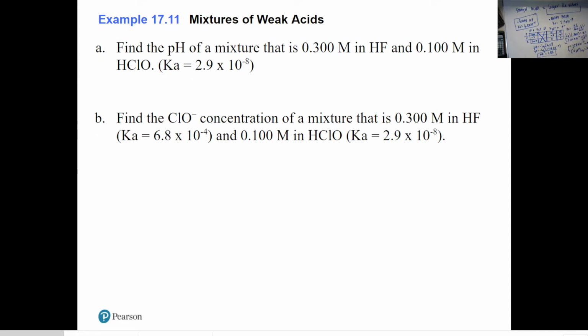Now we're going to see how the addition of this other acid affects what's happening with the weaker acid of the two. We want to remember our hydrogen ion concentration value, because that's going to become important. I'll erase this part up here.